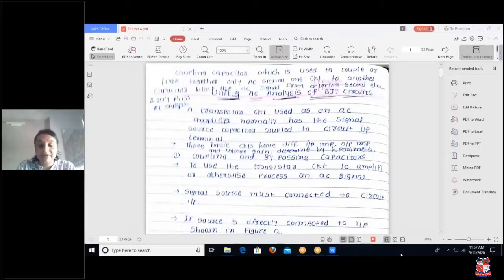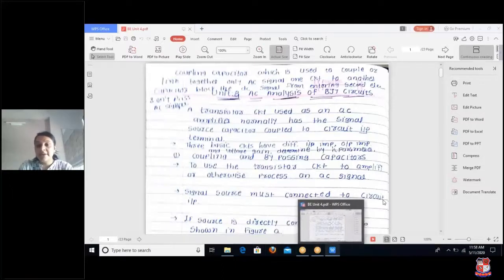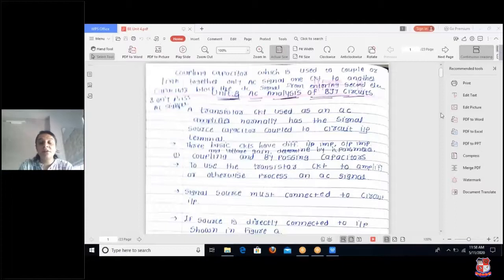Okay, so first of all, what is the AC signal? In an AC signal, whenever we give the input signal in the form of an analog signal, it is known as an AC signal. In an AC signal, we connect the input side coupled with a signal source through a capacitor, so here we use a coupling capacitor.